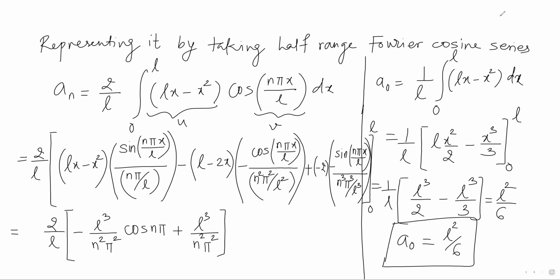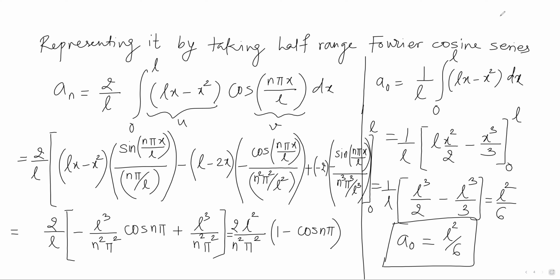So we'll get this term. Again, I'll take out the common term outside. So we have 2 times this L cube, when you take outside, divided by one more L that is there. So we'll have 2L square upon n square pi square into 1 minus cos n pi. So this is the value of an.